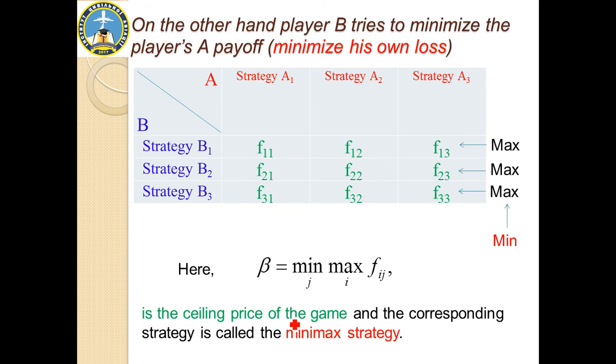On the other hand, player B tries to minimize player A's payoff, or at the same time minimize his own loss.